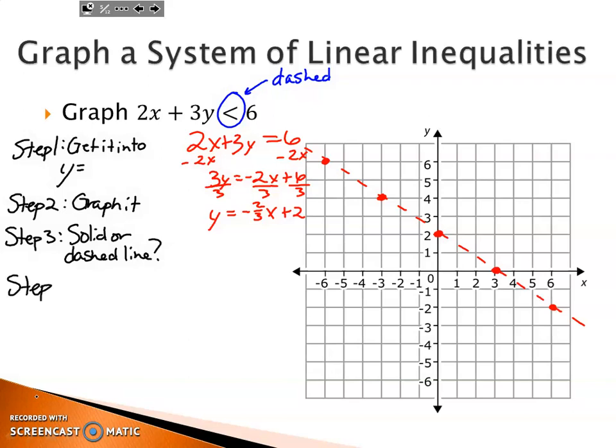Step 4, I need to decide which side I'm going to shade on. So for step 4, determining which side to shade, I'm going to use a test point.